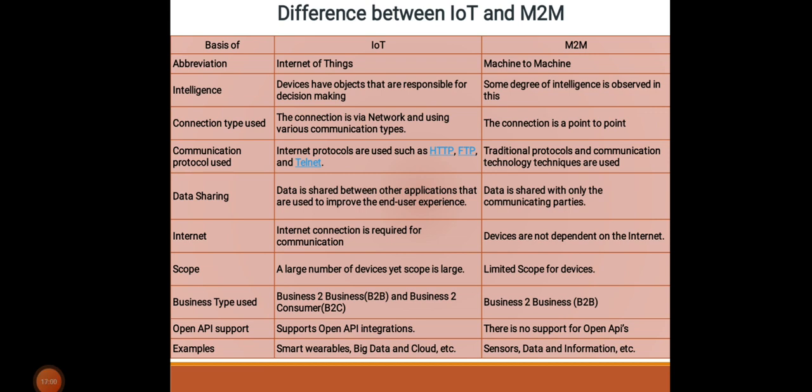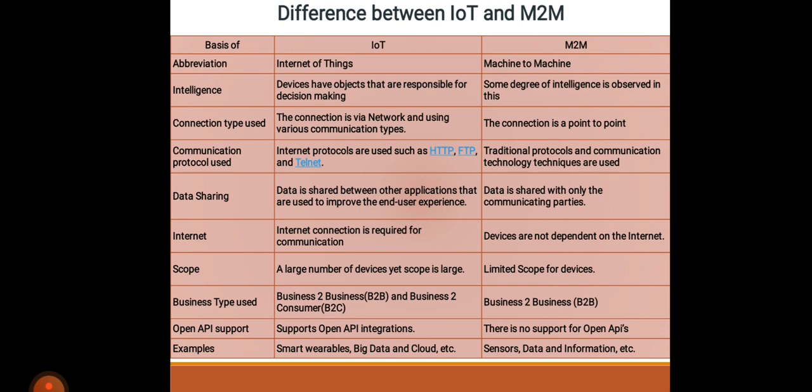Then the communication protocols used in IoT are HTTP, FTP and Telnet. In M2M, traditional protocols and communication technology techniques are used in machine to machine language. Then data sharing in IoT is that data is shared between other applications that are used to improve end user experience.